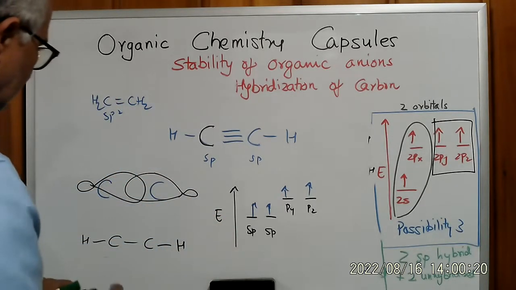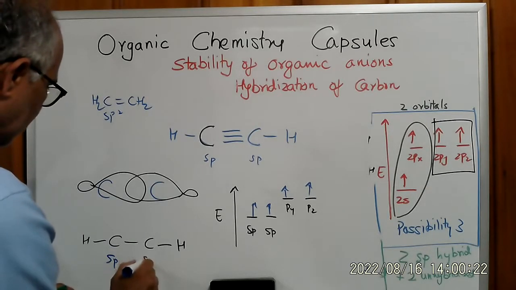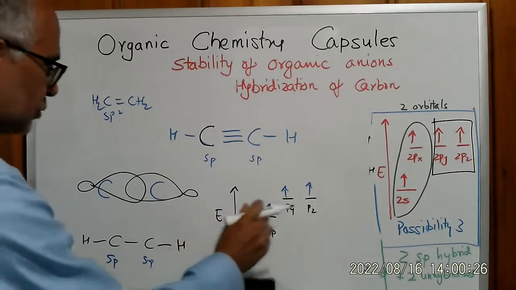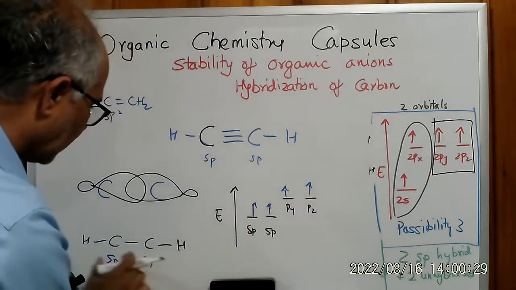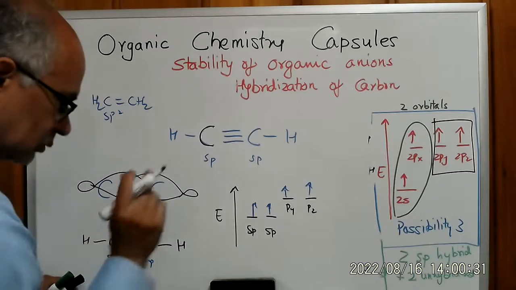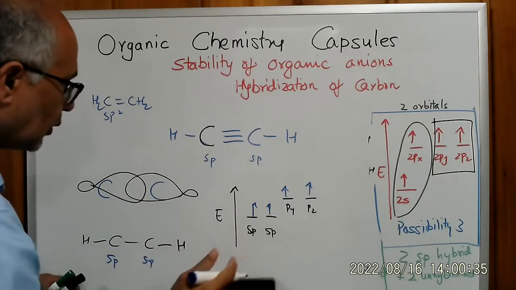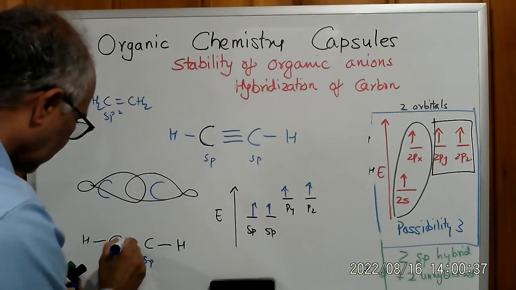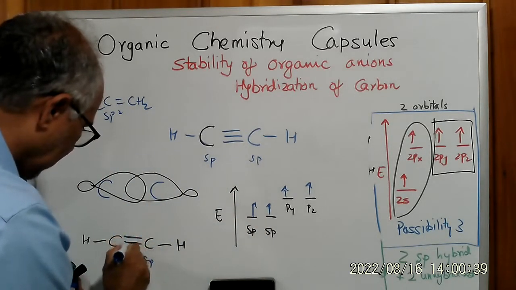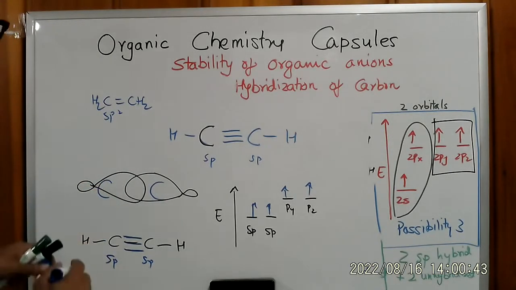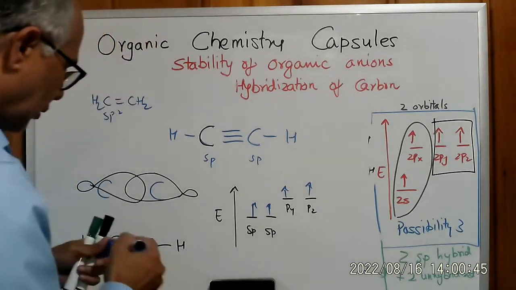In this case, we have an sp hybridized carbon, and each carbon has two unhybridized orbitals. So the electrons on one carbon in the py and pz orbitals, and again on the other carbon in its py and pz orbitals, overlap to form the double bond and then the triple bond. So that's how we get different classes of organic compounds.